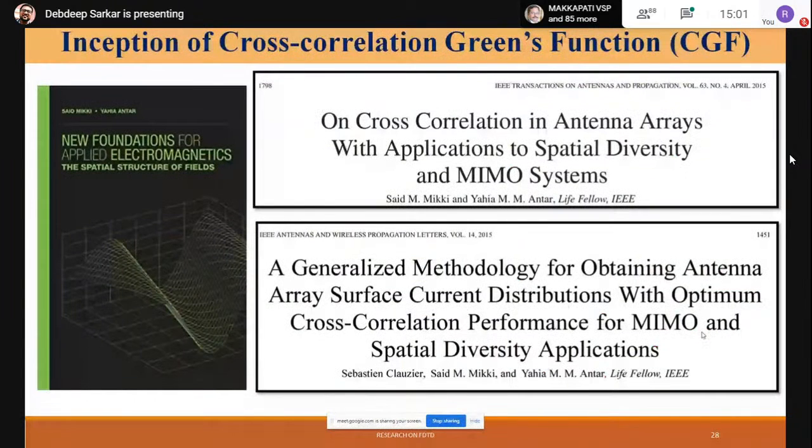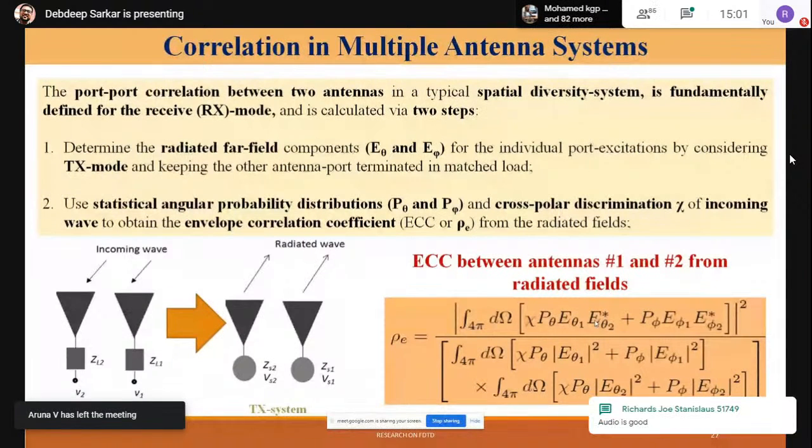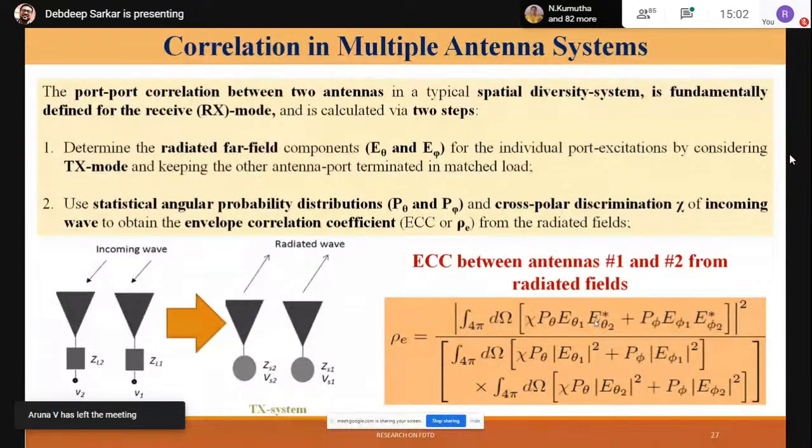One way to solve this problem, and I'm going slightly back and forth, is that this field-based evaluation be changed to a current-based evaluation, because in our solvers we are mostly working with currents. If you go for method of moments or other methods, we are playing with the surface currents in the system.